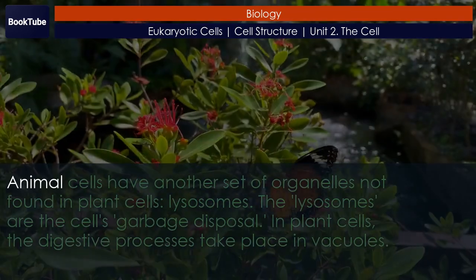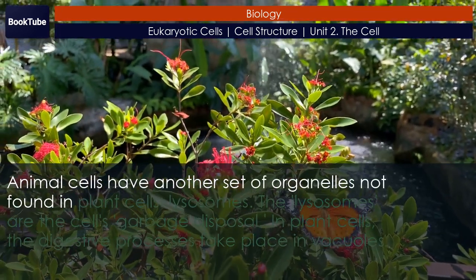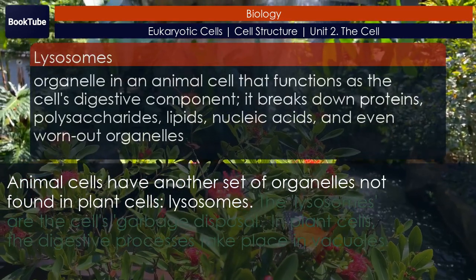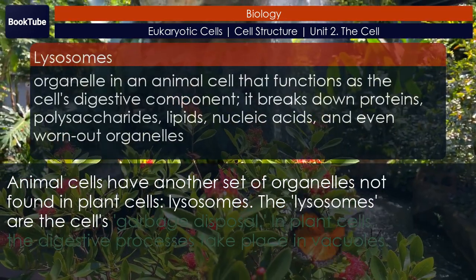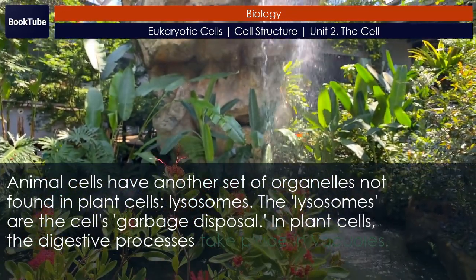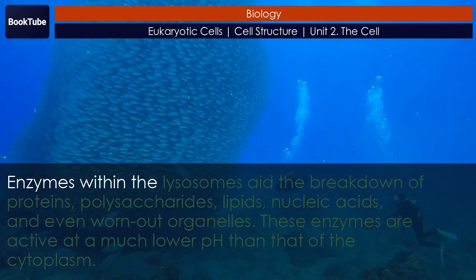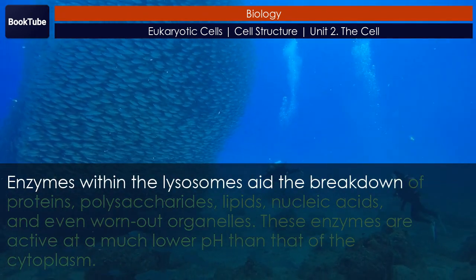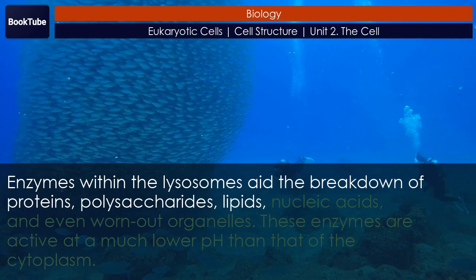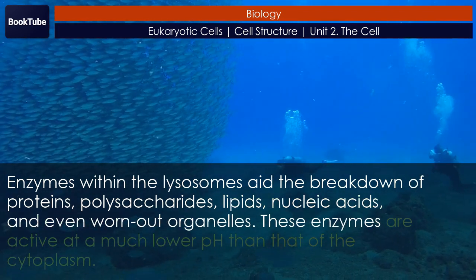Lysosomes. Animal cells have another set of organelles not found in plant cells: lysosomes. The lysosomes are the cell's garbage disposal. In plant cells, the digestive processes take place in vacuoles. Enzymes within the lysosomes aid the breakdown of proteins, polysaccharides, lipids, nucleic acids, and even worn-out organelles.